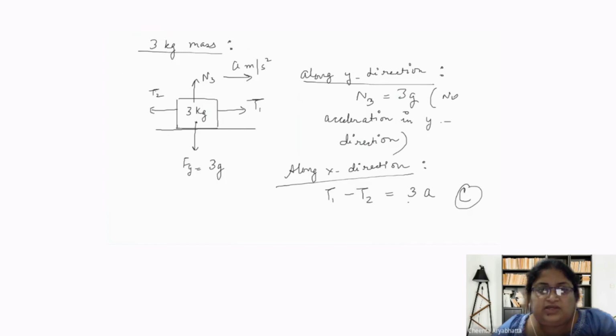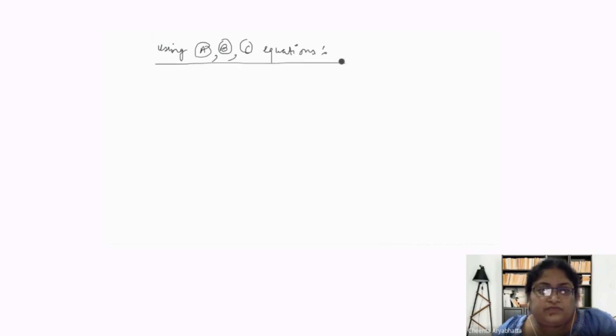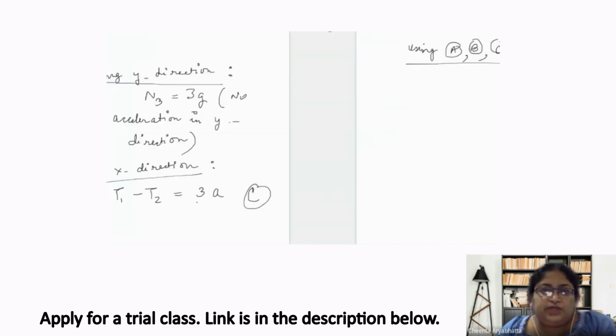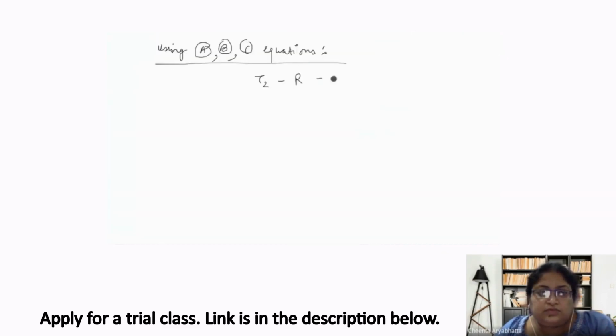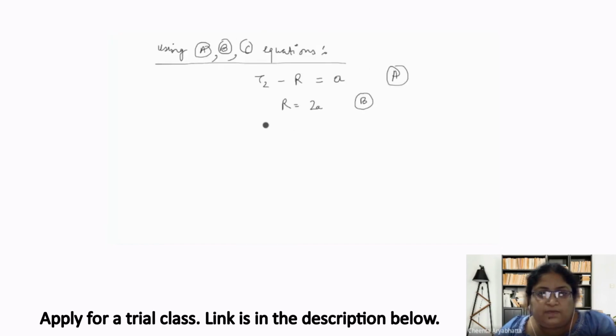So we have these three equations. So using equations A, B, C: T2 minus R equals a, this is our equation A, and R equals 2a, this was our equation B. And then we have T1 minus T2 equal to 3a, right?